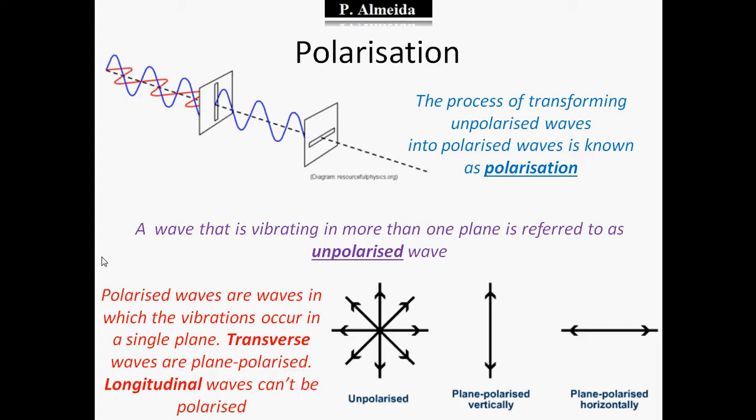Then if I want, I can polarize them vertically or horizontally, okay? Polarized waves are waves in which the vibrations occur in a single plane. Transverse waves can be plane polarized. Longitudinal waves I cannot polarize, okay?